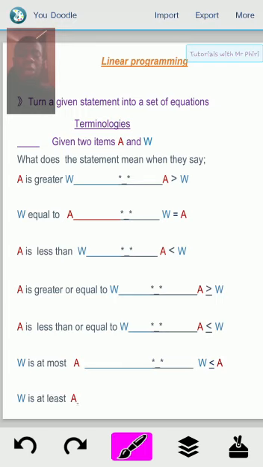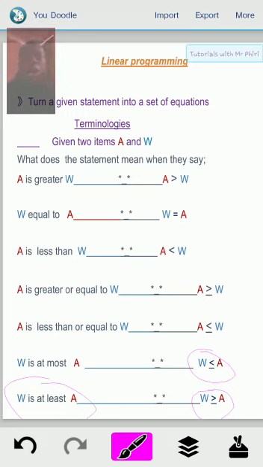Let's say you're given W is at least A. What this really means is that W is greater than or equal to A. So again, if it was A is utmost W, then we would have the signs change. And if it was A is at least W, it would be the opposite: A would start first, then W would follow.